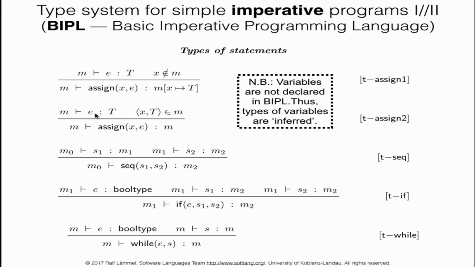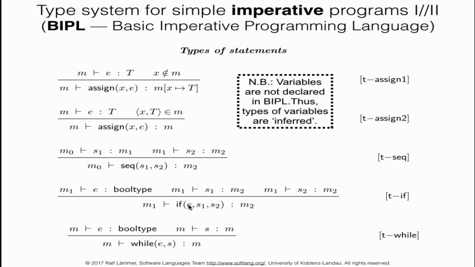We basically say that the type of the right-hand side expression must be the same type as we already had assigned for X in the typing assignment M. Okay, so for a sequential composition of two statements S1 and S2, we say it's well typed if we can show that the statements S1 and S2 are well typed, and we essentially thread the type assignment M0 through S1 and then through S2, and in this manner we compute de facto the type assignment for all the variables in S1 and S2.